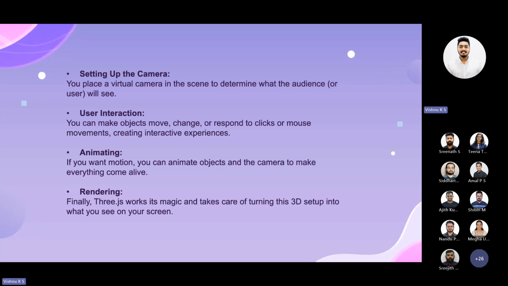And user interaction in Three.js is like playing with 3D objects on a computer screen. You can move them, click on them, zoom in, and make them do cool stuff with your mouse or touch. It's like having virtual toys and games at your fingertips. And the renderer is responsible for drawing the 3D scene onto the web page.